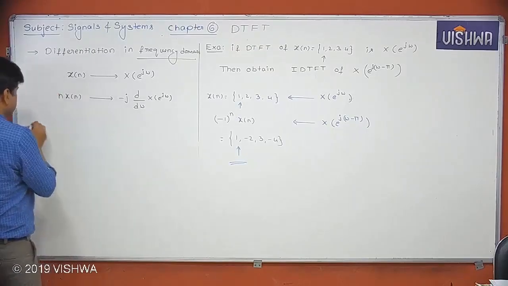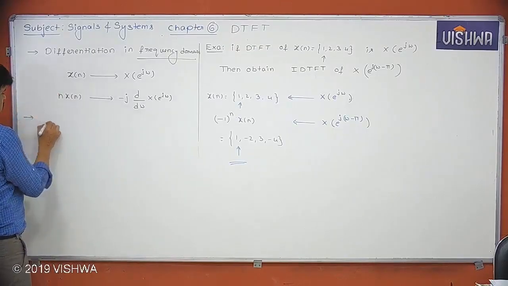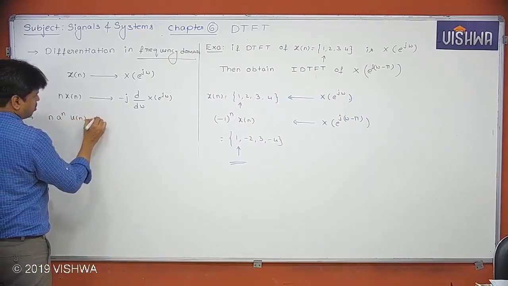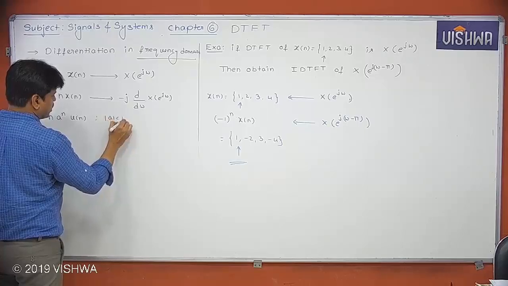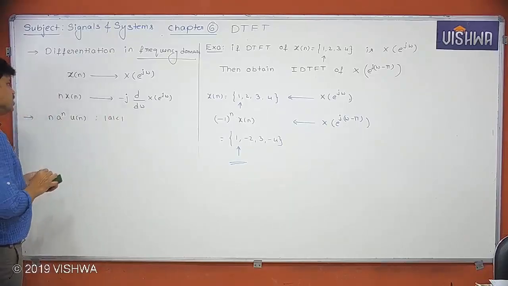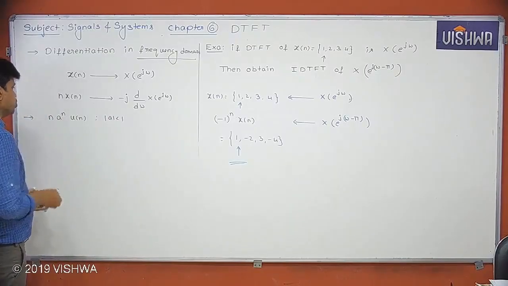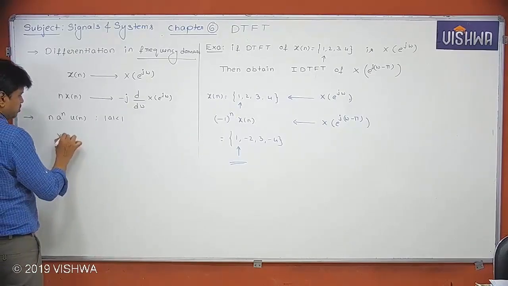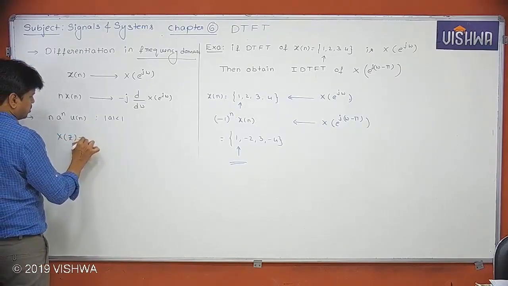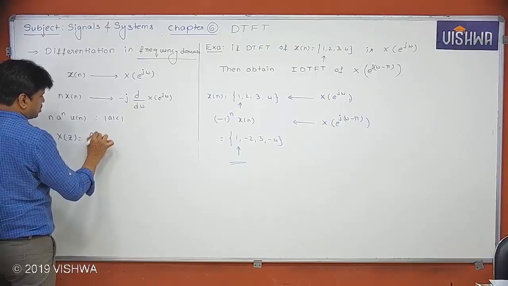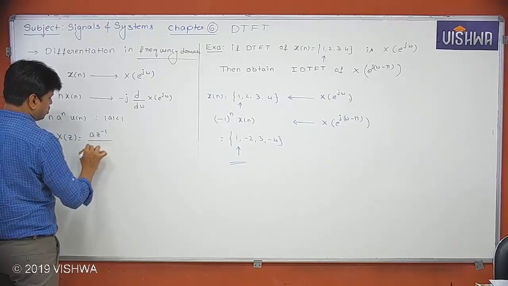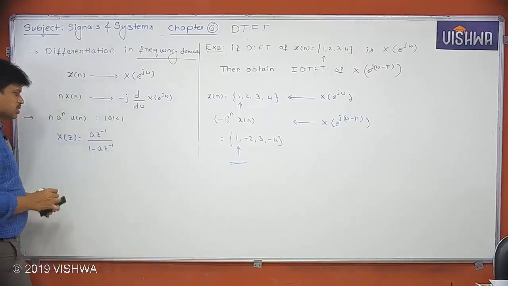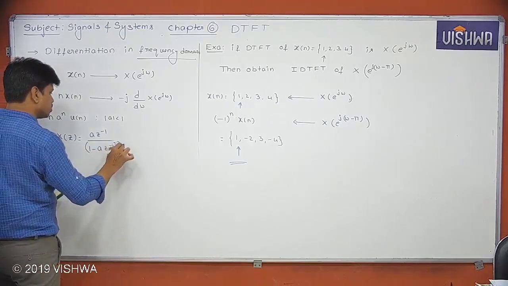Suppose I ask this question: n a power n u of n, where mod a is less than 1. For this signal we can go with this formula, but we don't need it because we know the Z transform for this one. What is x of z? That is a z inverse by (1 minus a z inverse) whole square.